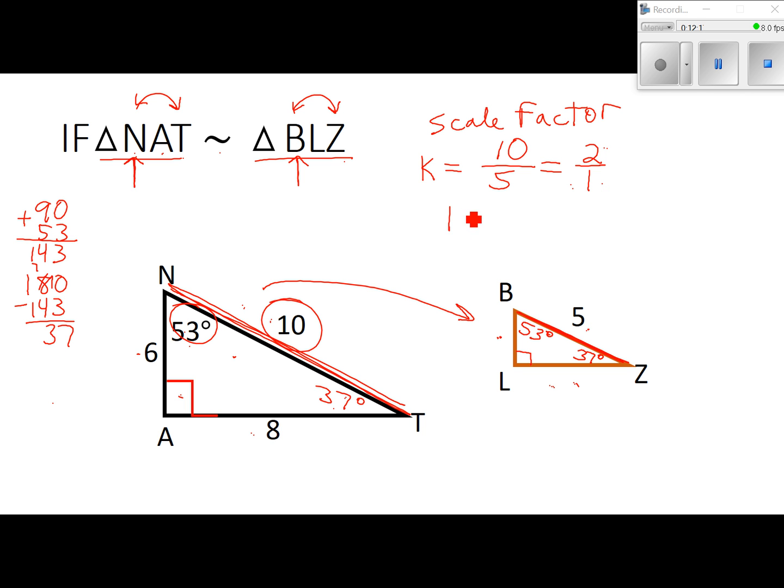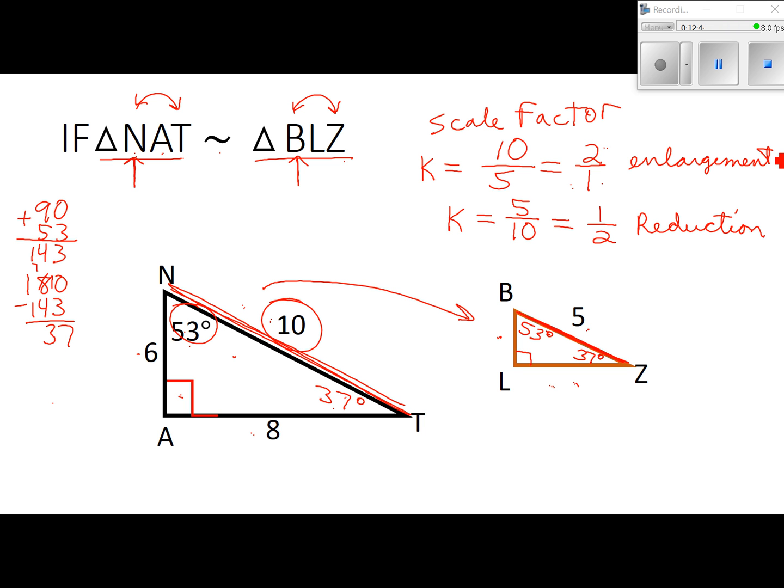So the other way that we could write the scale factor is to flip that upside down and put 5 over 10, which is 1 to 2. If we know that we're doing a reduction, then we'd want our scale factor to be 1 over 2. If we know that we're doing an enlargement, then our scale factor would be 2 to 1.